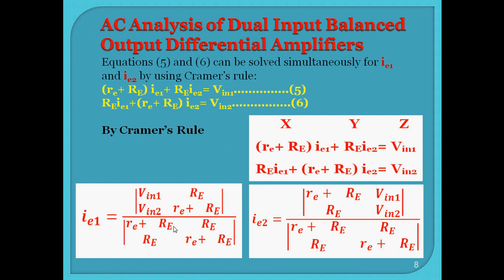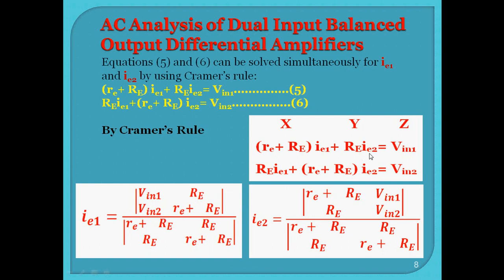The denominator has the coefficients of x and the coefficients of y, that is small re plus capital RE and capital RE, and capital RE and small re plus capital RE.